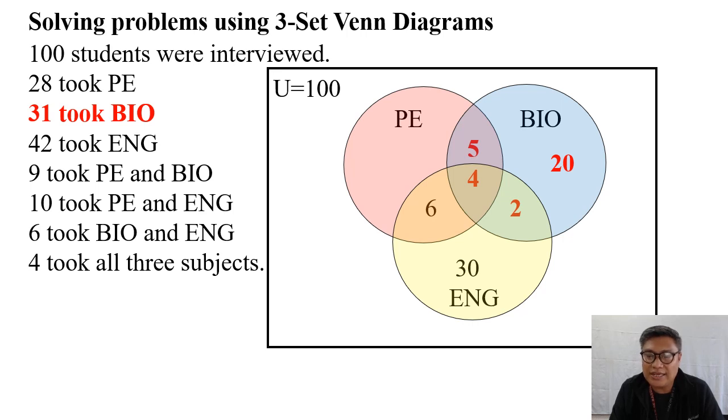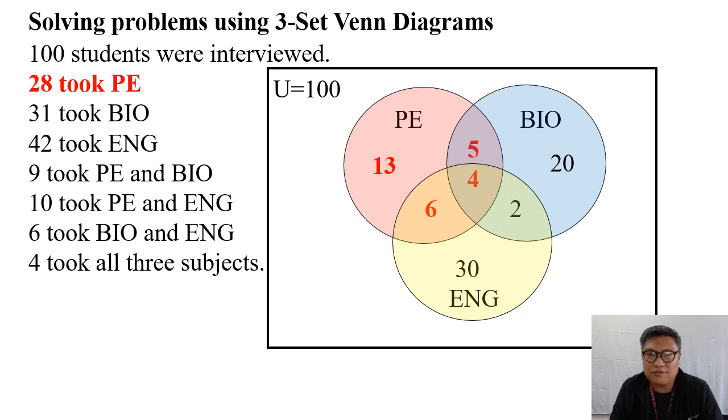This 20 indicates the number of students who only have bio. They don't have any other subjects. Of course, the other 11 had combinations of the other subjects besides bio. So all in all, if we add, we have a total of 31. And for the last, we have our PE.